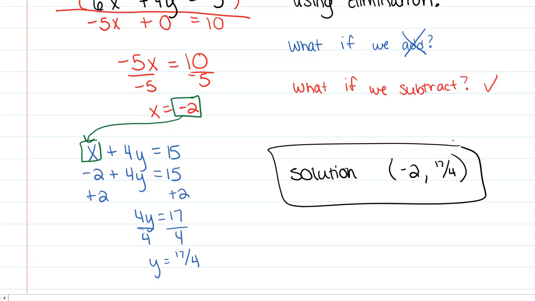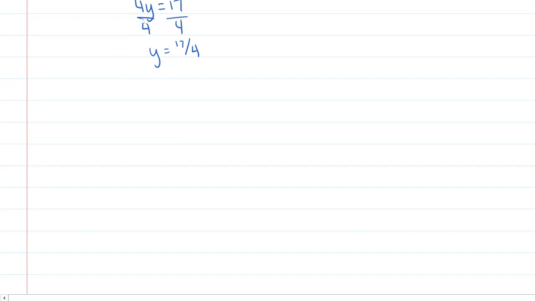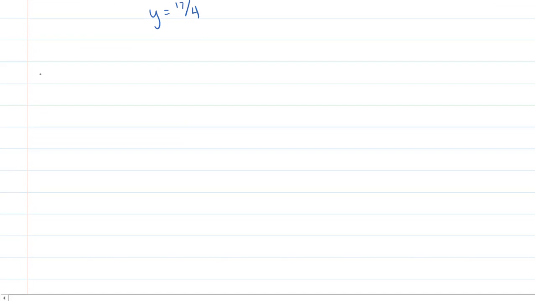All right, one last example. So we are going to solve this system using elimination. 2x minus 4y equals negative 6.